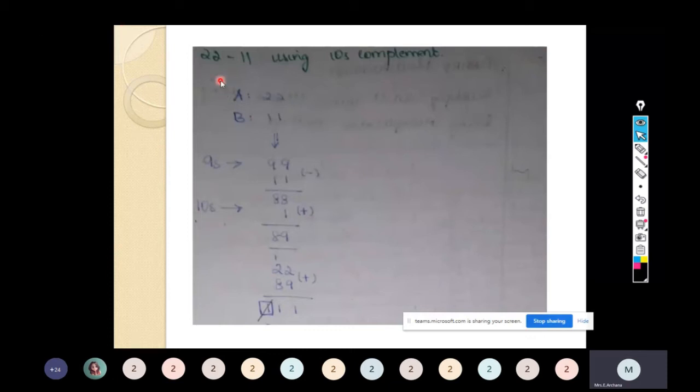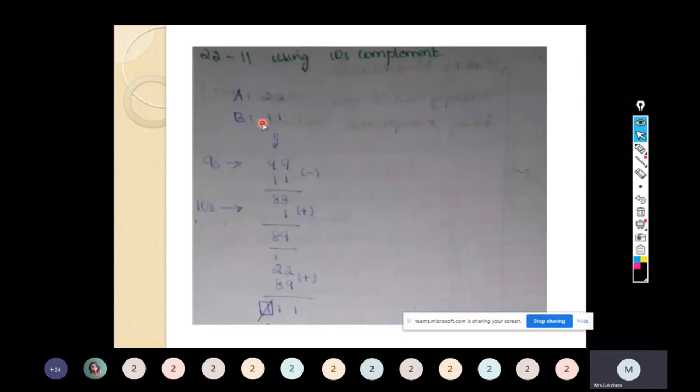Find 22 minus 11 using tens complement. It is of the form A minus B. A is 22, B is 11. We have to take tens complement for 11. How to take tens complement?